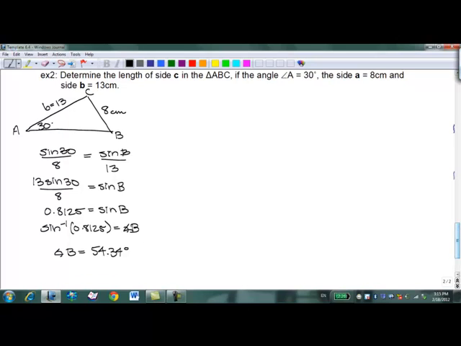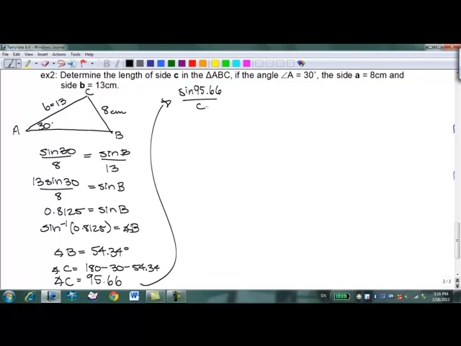Now, if angle B is 54.34, we can use angle sum in a triangle. That means that angle C is 180 minus 30 minus 54.34, so angle C is 95.66. So we have a nice angle, 95.66, and we can figure out that length C. The length C, sine of 95.66 over that length C, and let's go with sine 30 over 8 again.